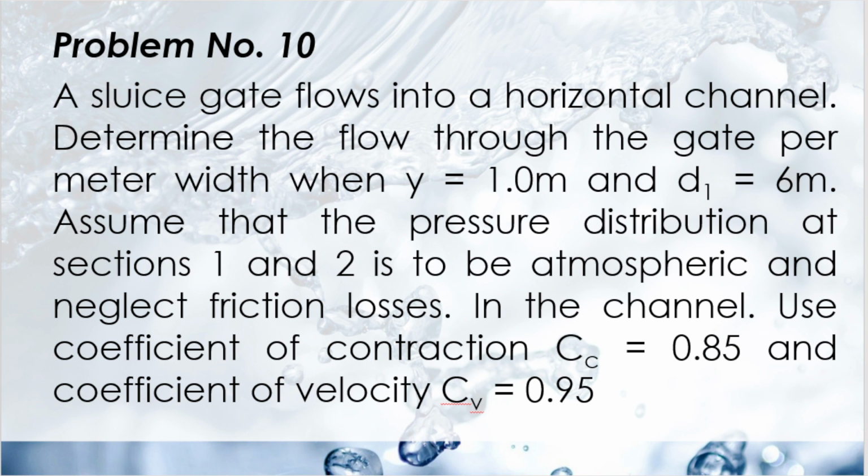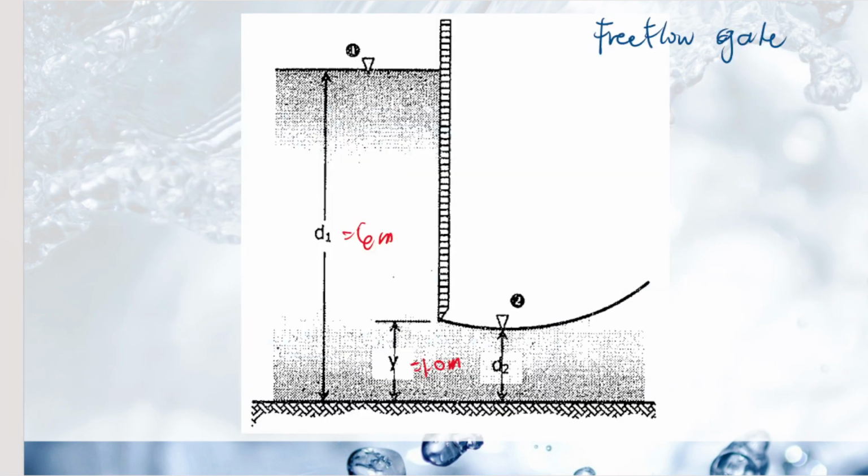So there is no pressure. Given also C sub C as 0.85 and C sub V as 0.95. Let's write it here: C sub C is 0.85 and C sub V is 0.95.